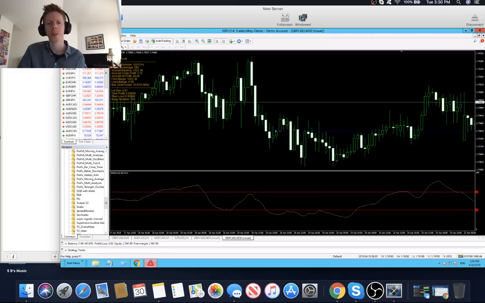Okay, so after the push down, the RMI is below the 35 level, so we're looking for long or buy trades at this point. There is a bearish candle right here that made a new low from the previous multiple candles. Then an inside bullish candle, completely inside, including the wick of the previous bearish candle.